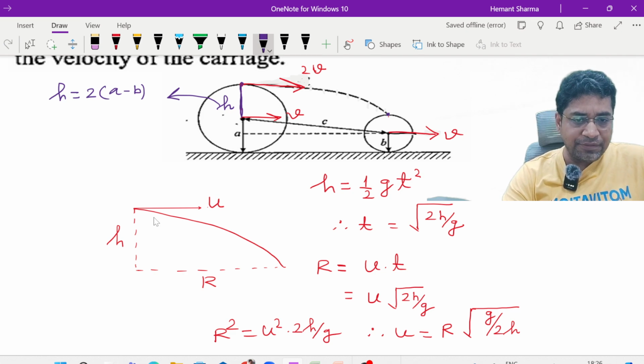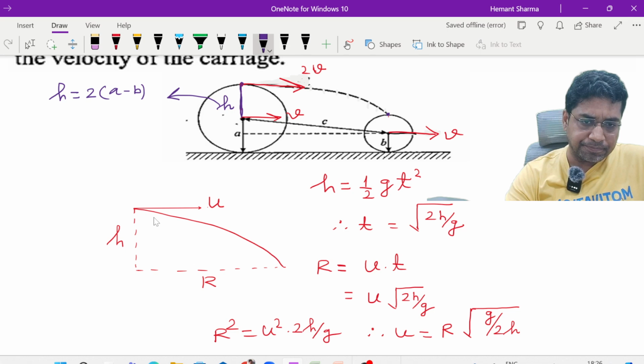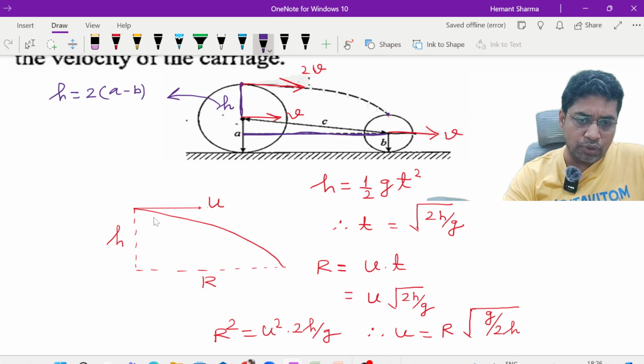Now, as far as range is concerned, the horizontal range is this much. So in this right angle triangle, this particular distance is a minus b, and this hypotenuse is given as c.